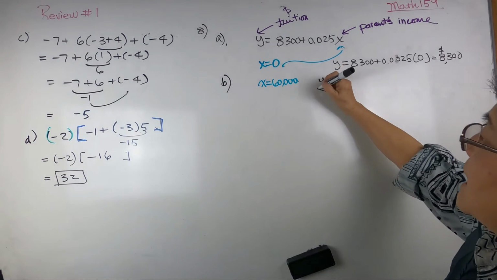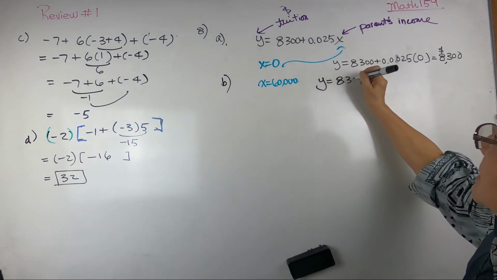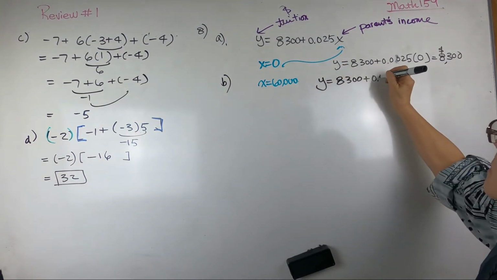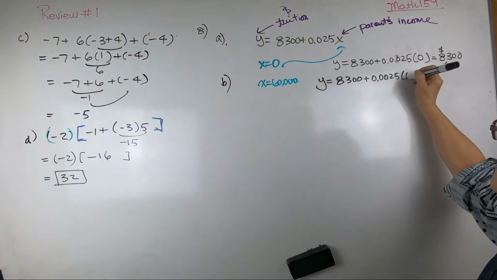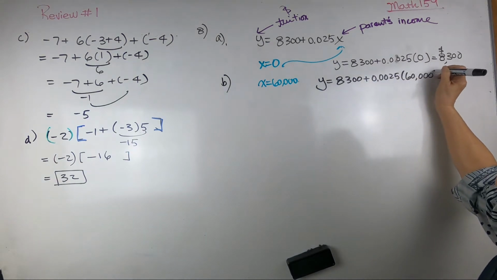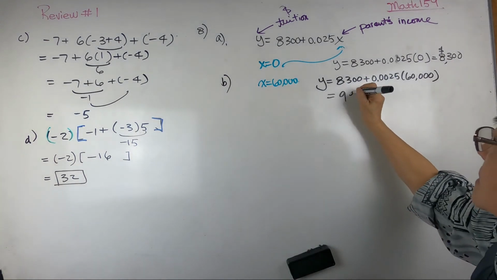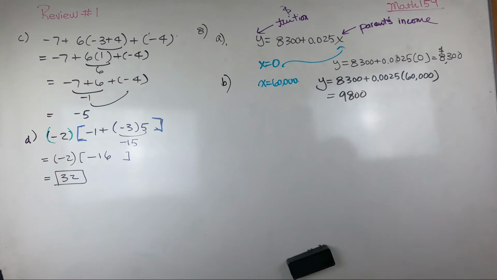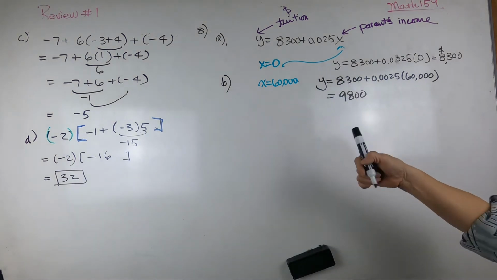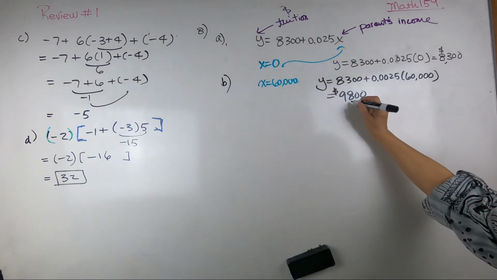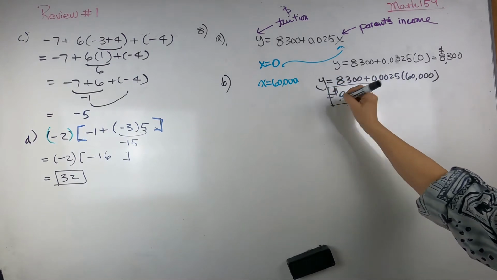So your Y should be what? 8300 plus 0.0025 times 60,000. Okay, then you do your math, you find out it's 8,450. Then you need to give me what? Otherwise you get deduction. You need to give me, say, the dollar amount.